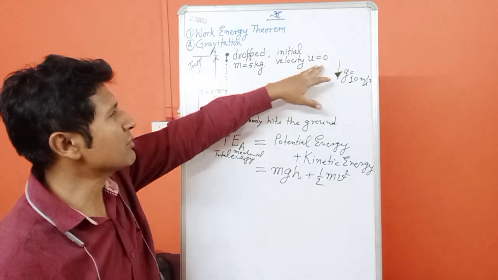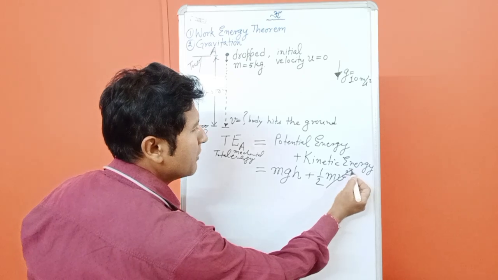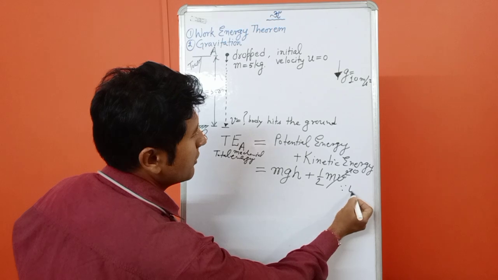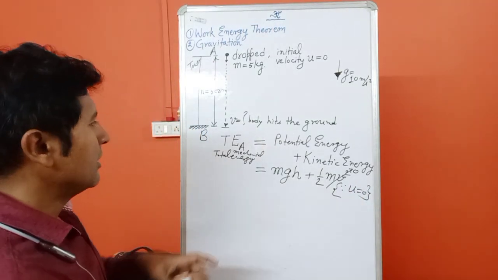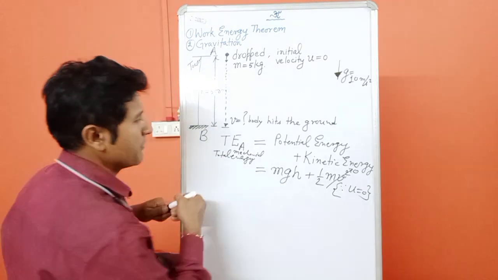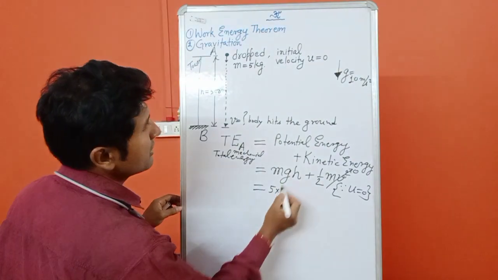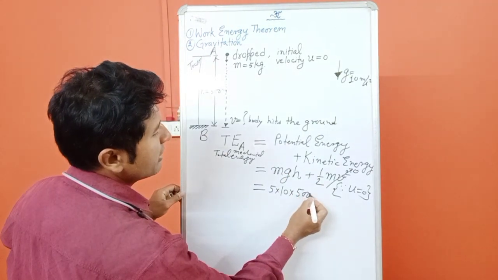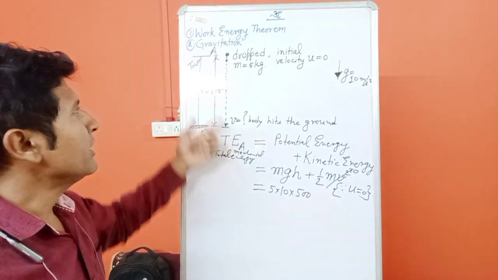Dropped means initial velocity has to be considered as 0. So this particular term must be 0, right? Since u is equal to 0. It has been understood. Now we have only mgh part here, right? m has been given as 5, g has been given as 10, and h has been given as 500. Correct? Now this is the total mechanical energy at point A.